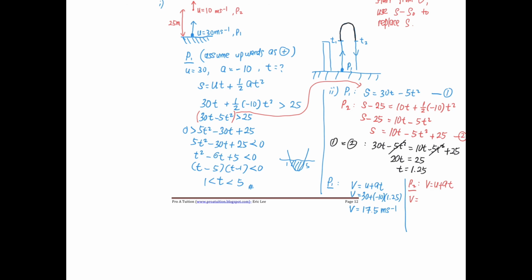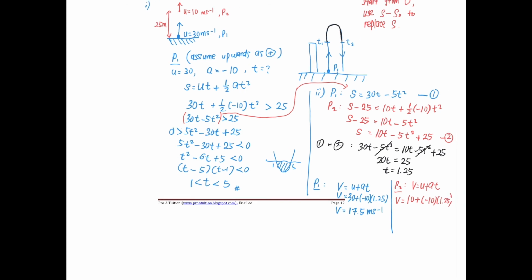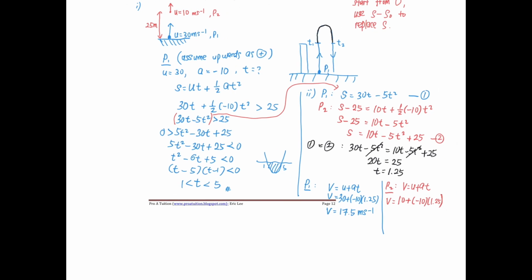So u is 10, a is negative 10, t is 1.25. So at the end, v equal to negative 2.5 meter per second. So these are the answers for the velocities of both particles.